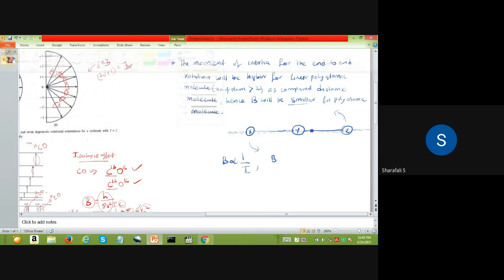Hence, we have a lower B value for polyatomic molecules as compared to diatomic molecules. Our B value will be smaller for the polyatomic molecule. So when the number of atoms in your linear molecule is increasing, then your B value will get reduced, or the separation between those levels.